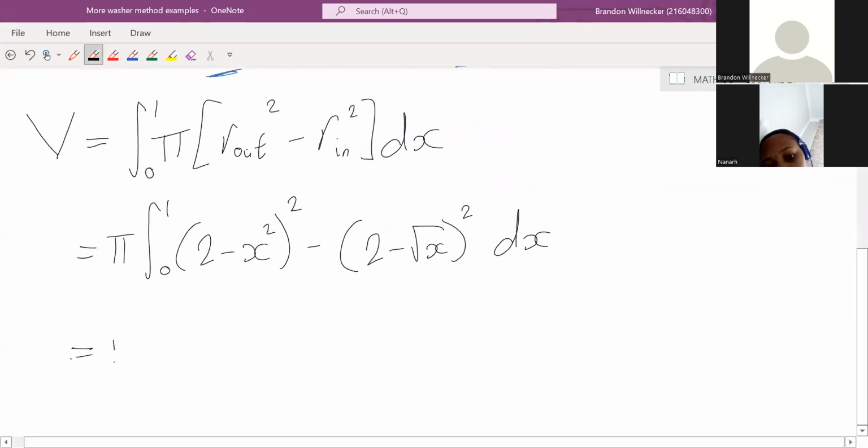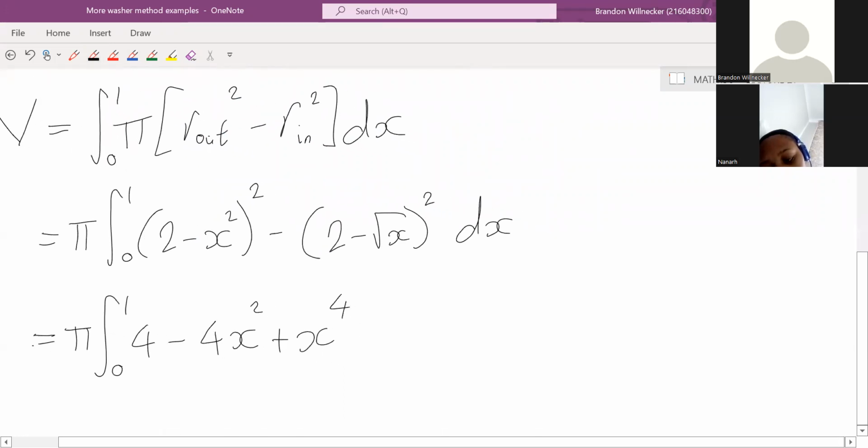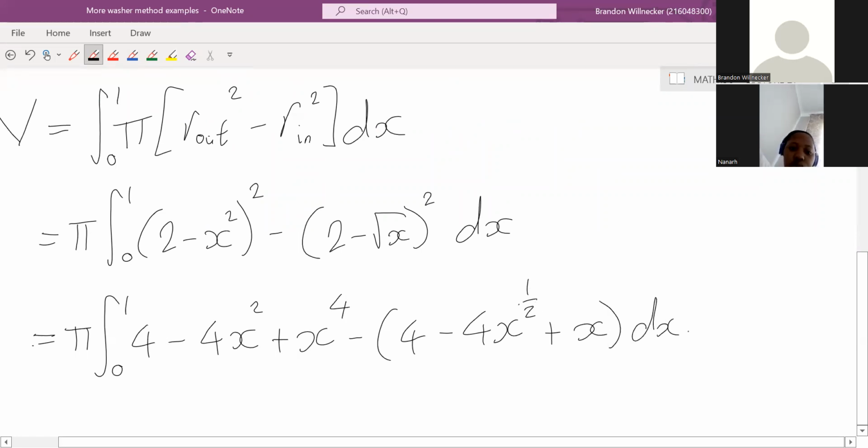Let's expand this out so we get nice exponents to work with. So this is the integral from 0 to 1. Expanding the first bracket gives us 4 minus 4x squared plus x to the 4. Expanding the second bracket gives us 4 minus 4x to the half plus x dx.